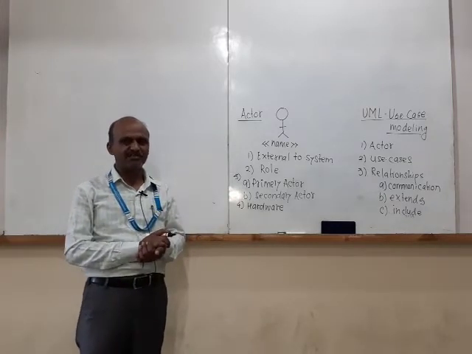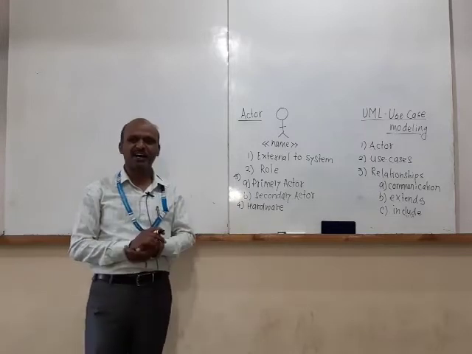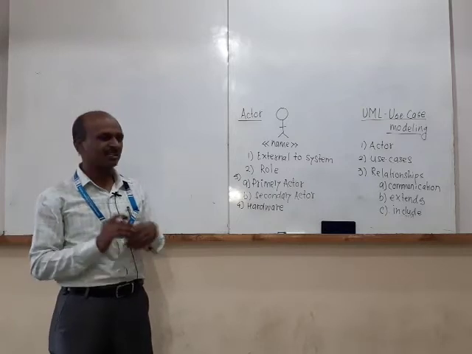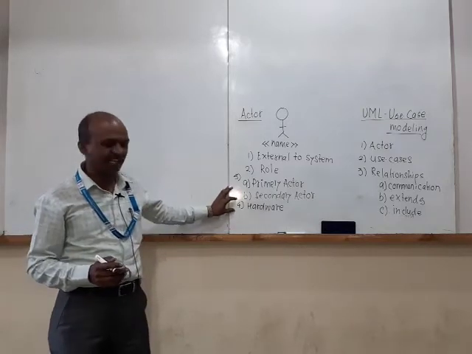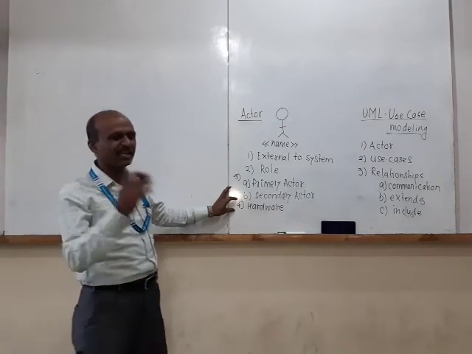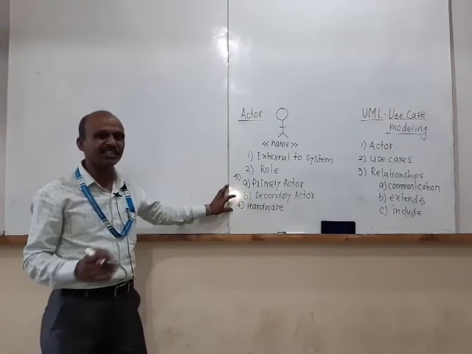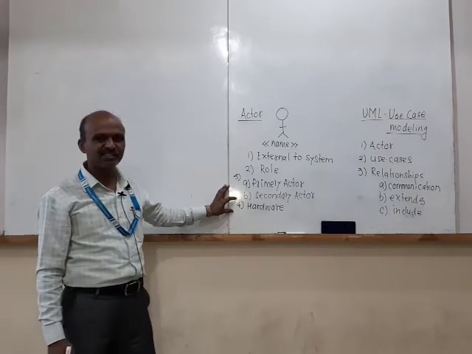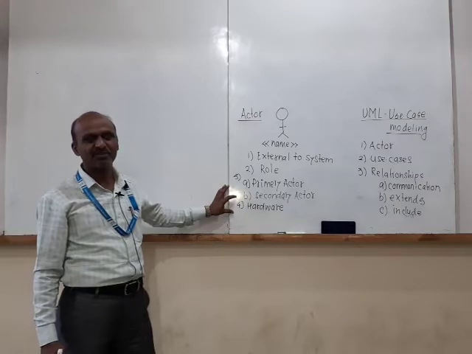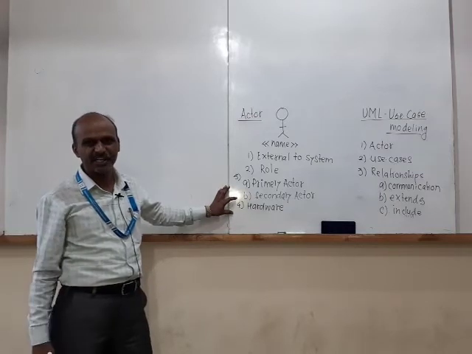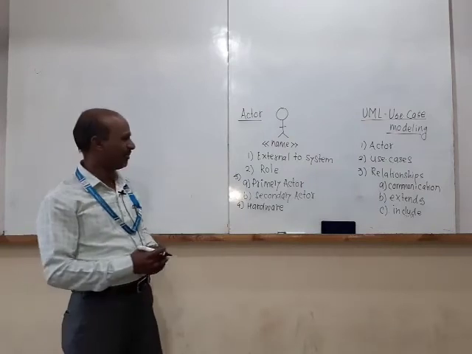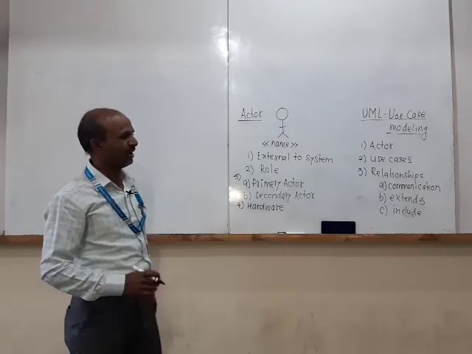For example, for this hardware guideline, whatever sensors are used to develop a system, those sensors are actors for the system because they are providing some data or interacting with the system. So such types of hardware, the sensors or cameras or code readers, will play the role of actor. So this is related to actor.